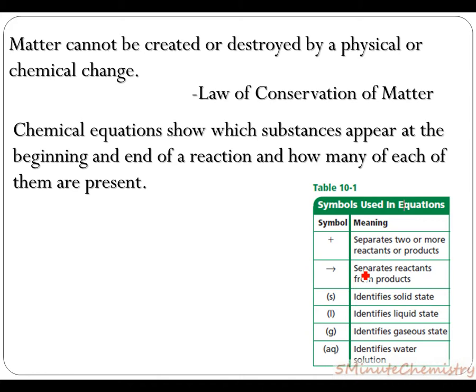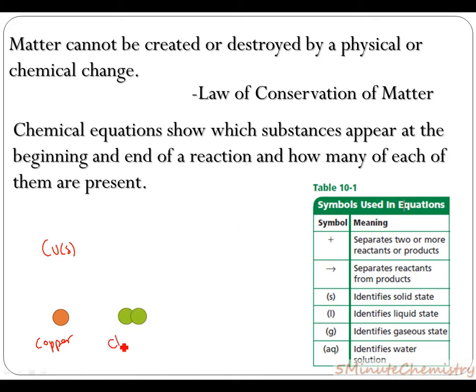So what we're going to do is take a look at just a simple chemical equation. I'm going to start with one atom. Let's say this atom is a copper atom. So a copper atom would be Cu, and that's solid. Now what I'm going to do is combine my copper with a chlorine gas.